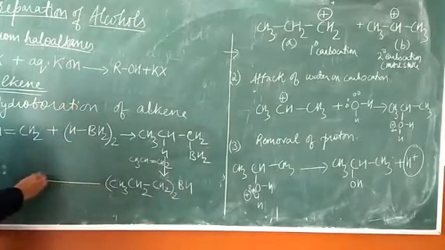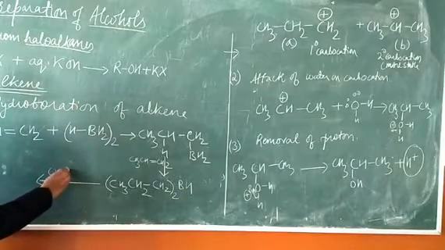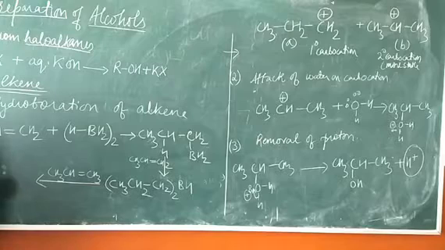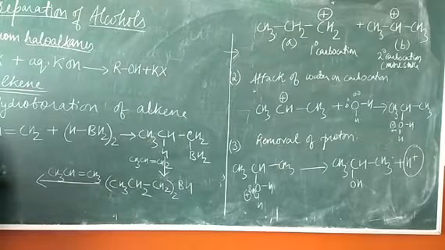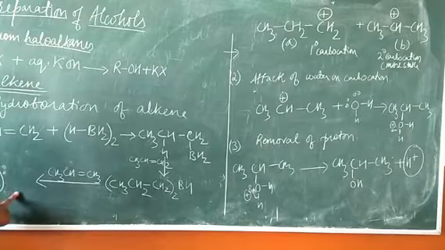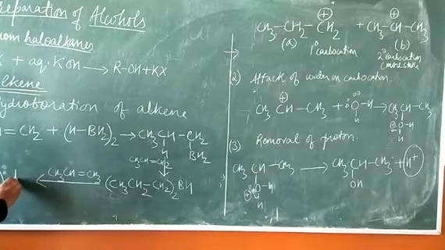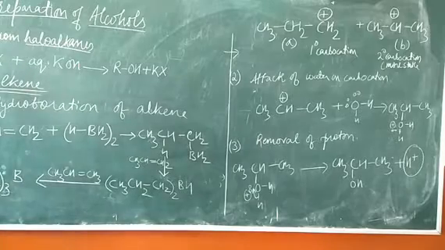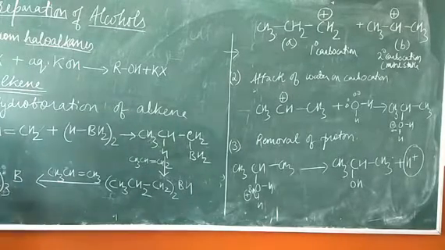Now again this reaction will take place. One more alkene molecule, and it will form CH3, CH2, CH2, it was earlier twice, it will get now thrice, and this is B here. Student, we get here trialkyl borane. So this is the tripropyl borane which has been formed.